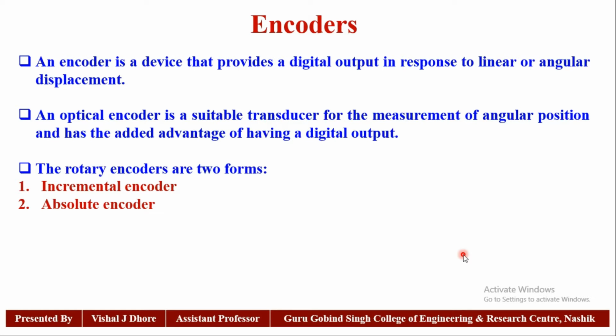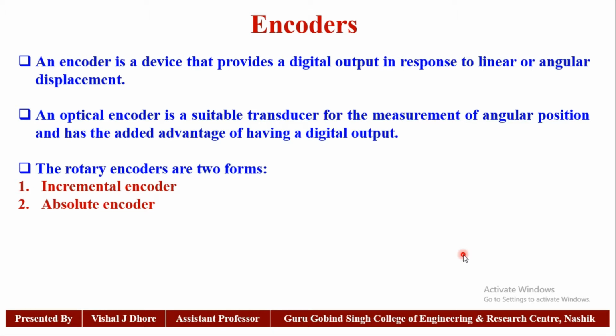Most rotary encoders are composed of a glass or plastic code disk with a photographically deposited radial pattern organized in tracks. A digital optical encoder is a device that converts motion into a sequence of digital pulses.